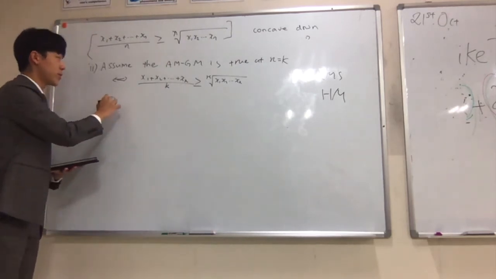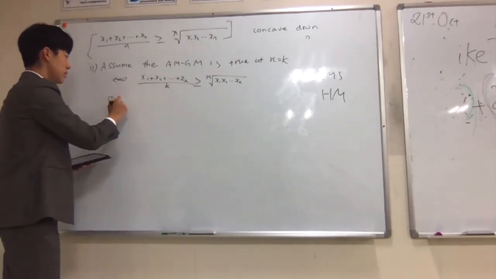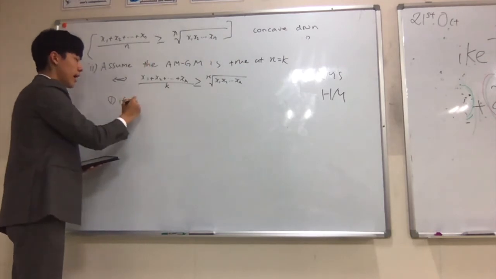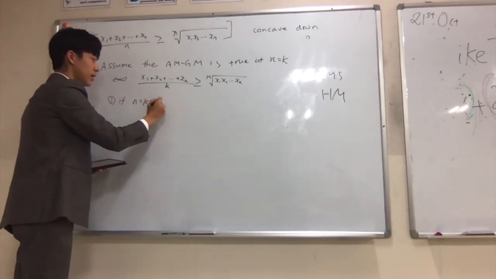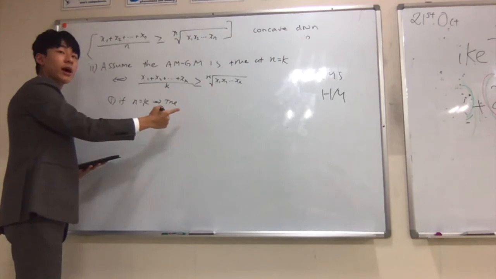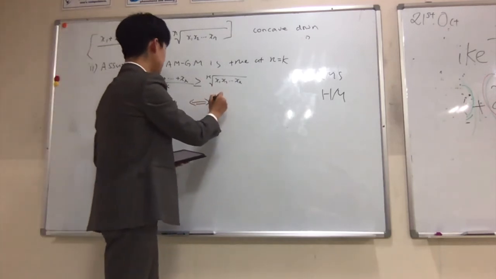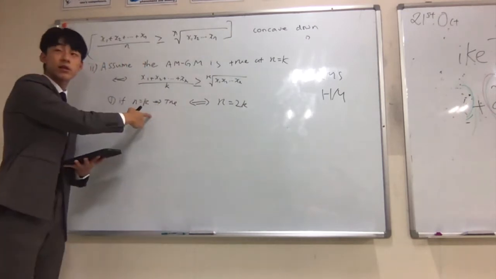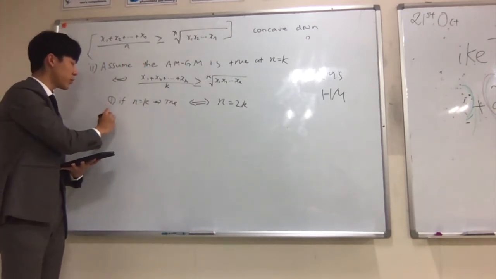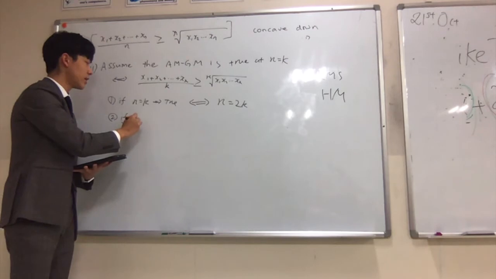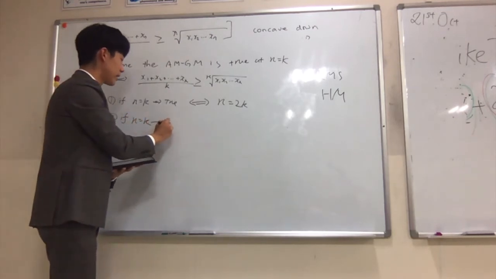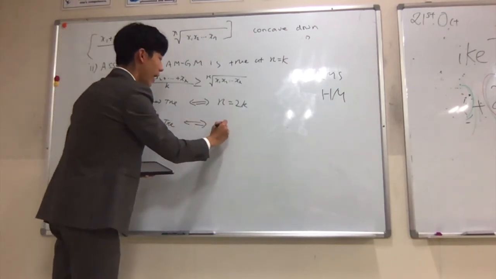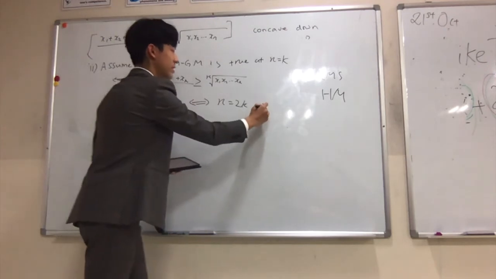The first one that we're going to show is that if this holds true at n equals k, then n equals 2k is also true. This is the first thing that we are going to prove. The second one is that if n equals k is true, then n equals k plus 1 is still true.